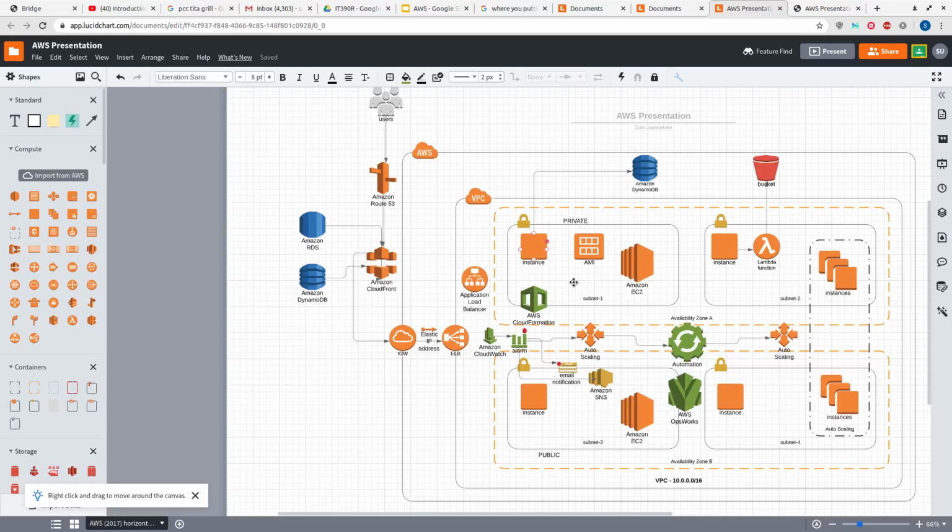And these IAM management systems are in a private network which is not available to the public. And we have 4 subnets: subnet 1, subnet 2, subnet 3, and subnet 4.